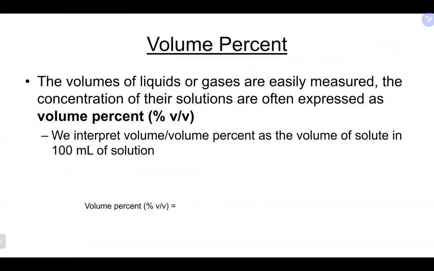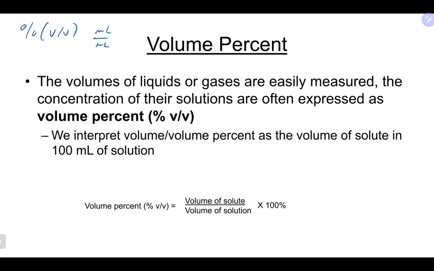Okay, so there's a couple other percent concentrations that are also important. The next one is percent volume to volume. It is like the percent by volume of alcohol, or something like that. This is volume over volume, which is like milliliters over milliliters.